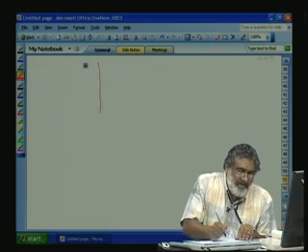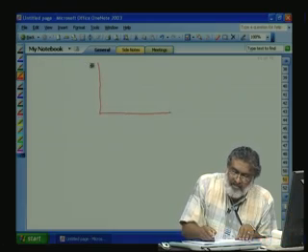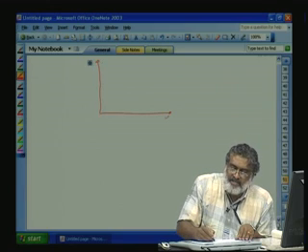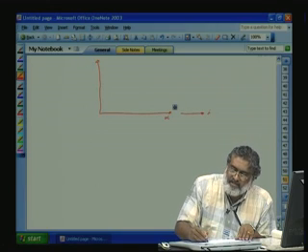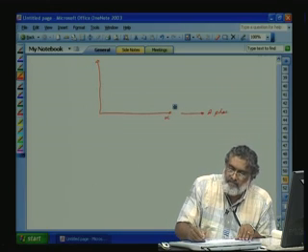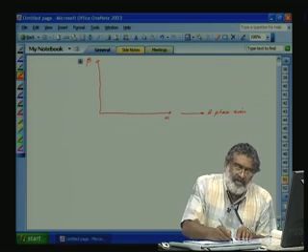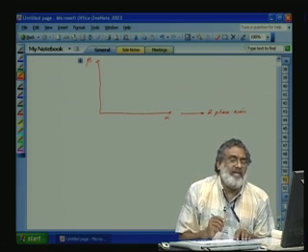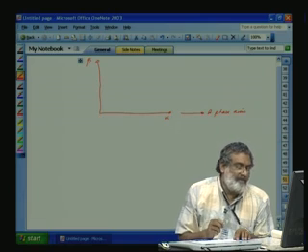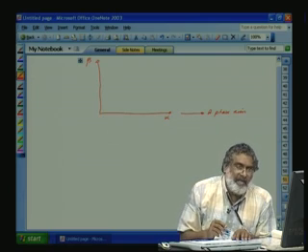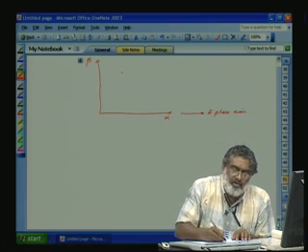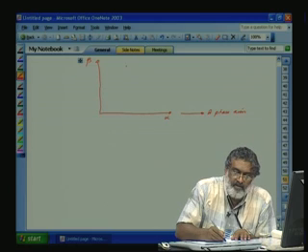This is the beta, this is the alpha axis, and the alpha axis is placed along our A phase axis. We are measuring the angle with respect to the alpha axis. So, let us take a general position of Vs, the voltage space vector.